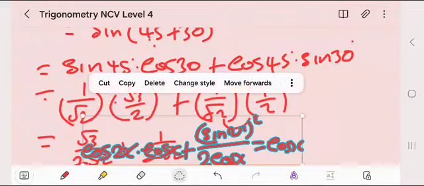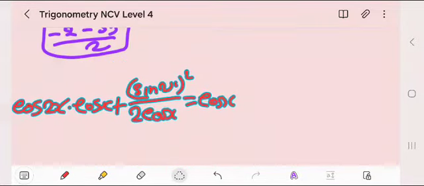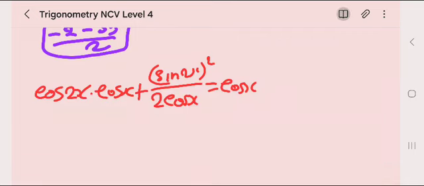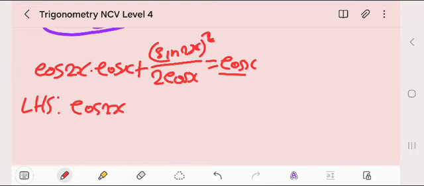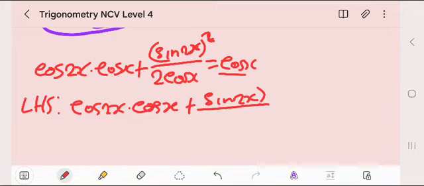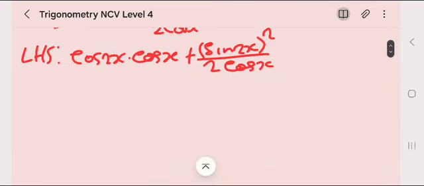Prove this. I want to prove that, so I'll take the left hand side. We have cos 2x multiplied by cos x plus sine squared 2x over 2 cos x.